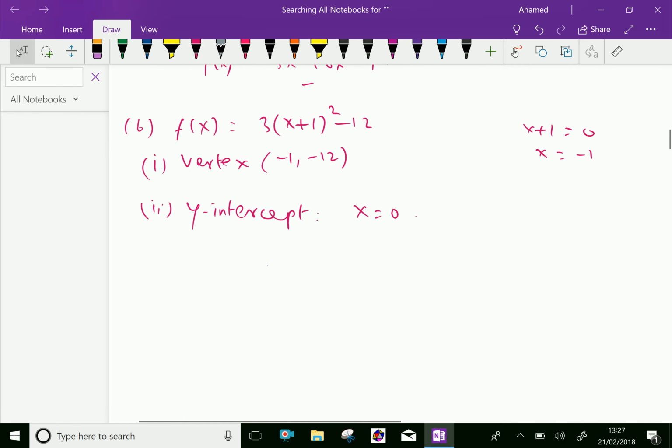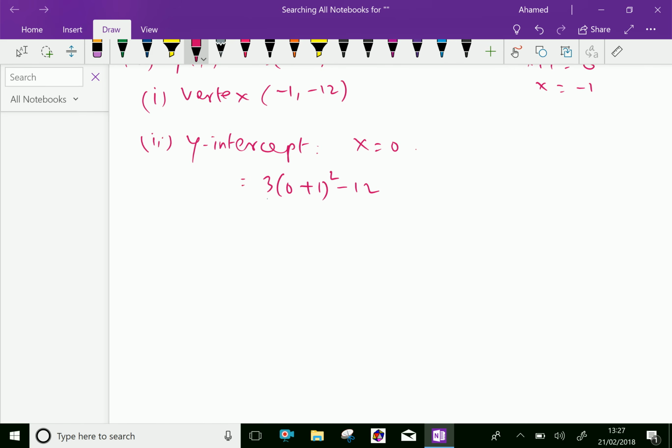Here, in f of x with x equal to 0, we have 3 into 0 plus 1 whole squared minus 12. Here, 0 plus 1 is 1, 1 squared is 1, 3 into 1 is 3, minus 12 equals minus 9. Therefore, the y-intercept is minus 9. We can write it in coordinate form, that is 0, minus 9.